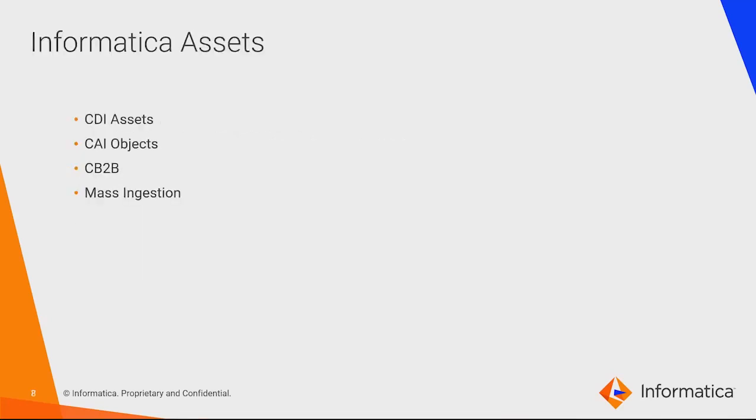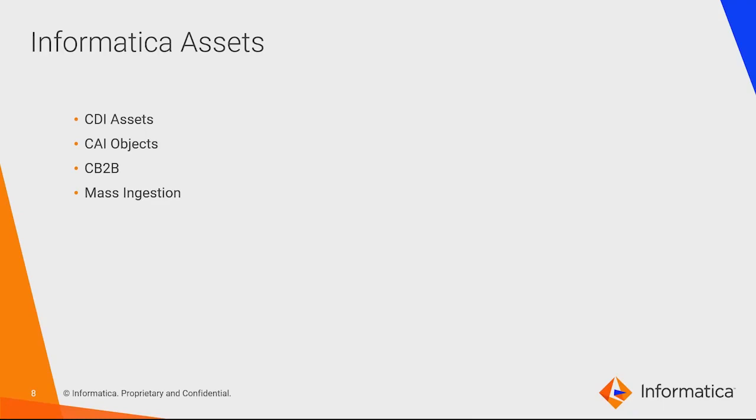Well, so what are Informatica assets? As you know, there are many microservices available in Informatica Cloud. The major one is the CDI, which is called Cloud Data Integration. And in Cloud Data Integration, we have different assets, or we can call them objects.